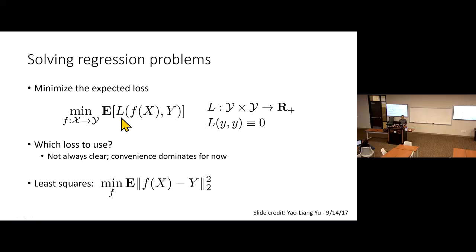The most commonly used loss function is just this. It's called the least square, where you just use your predicted value of y minus the real one. You know it because it's training data. You need to approximate your function to predict y as accurately as possible.